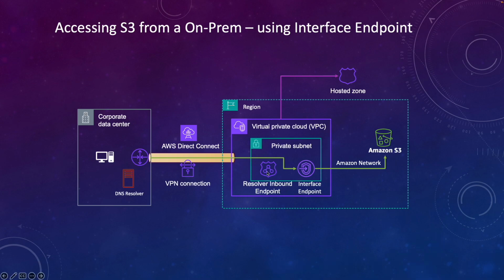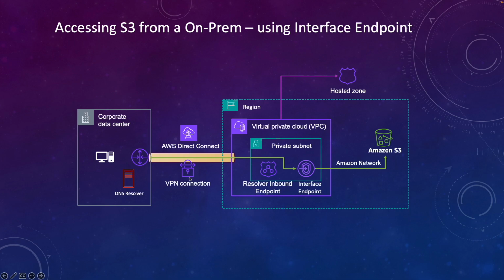Once the request comes here, it will check the private hosted zone, map it to my interface endpoint, get the IP address of that, and send it back to your corporate data center. And from there, your corporate data center server can access the S3 bucket by using either Direct Connect, private or transit VIF, or by using your VPN connection.